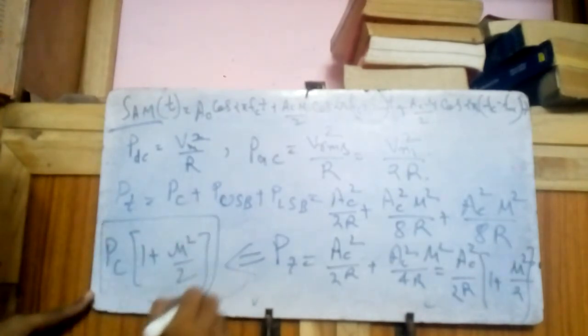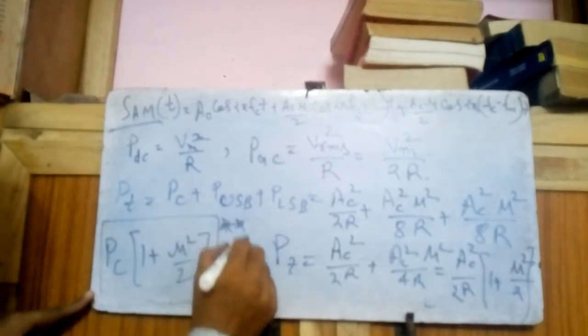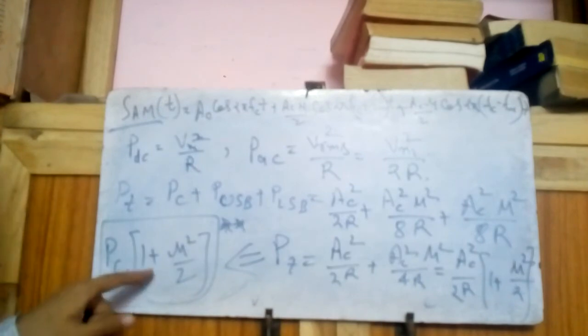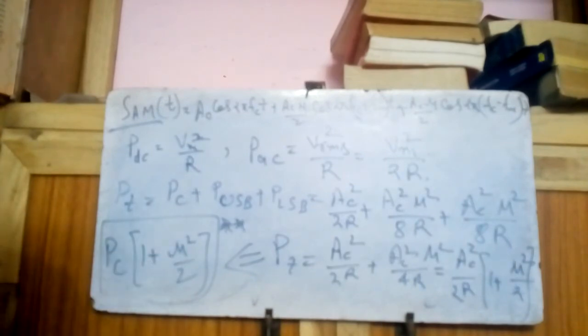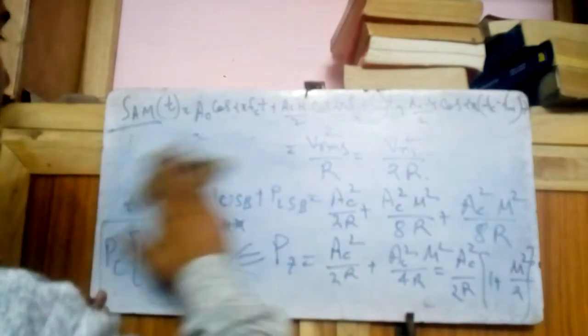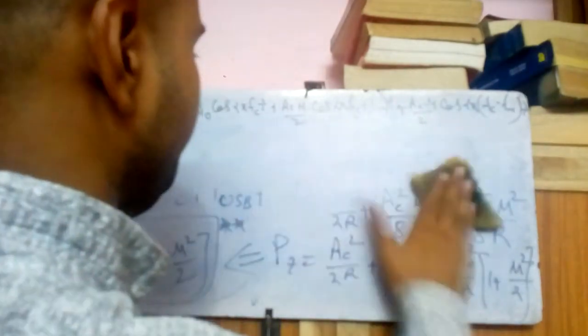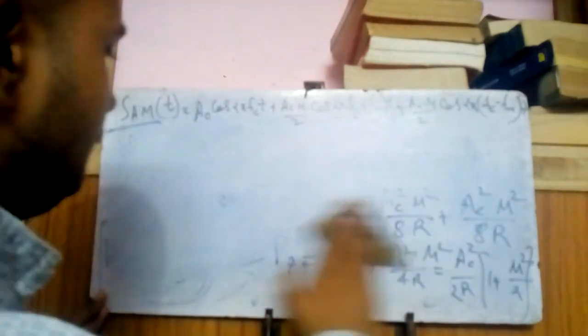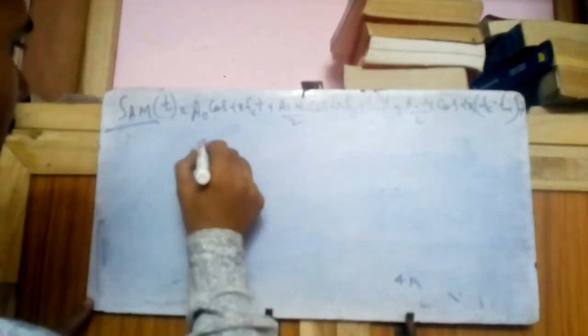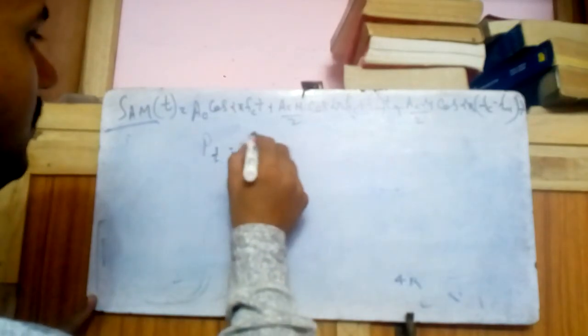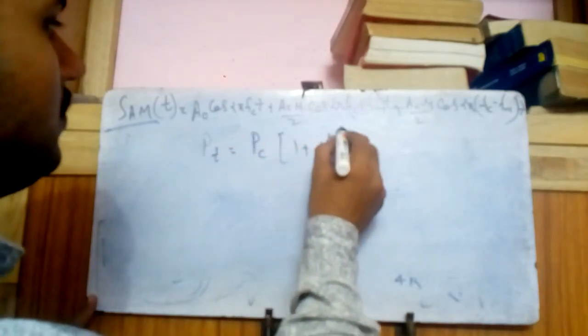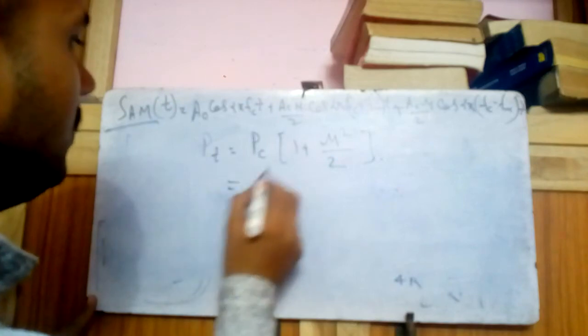It is very important: total power is PC into 1 plus mu square by 2.